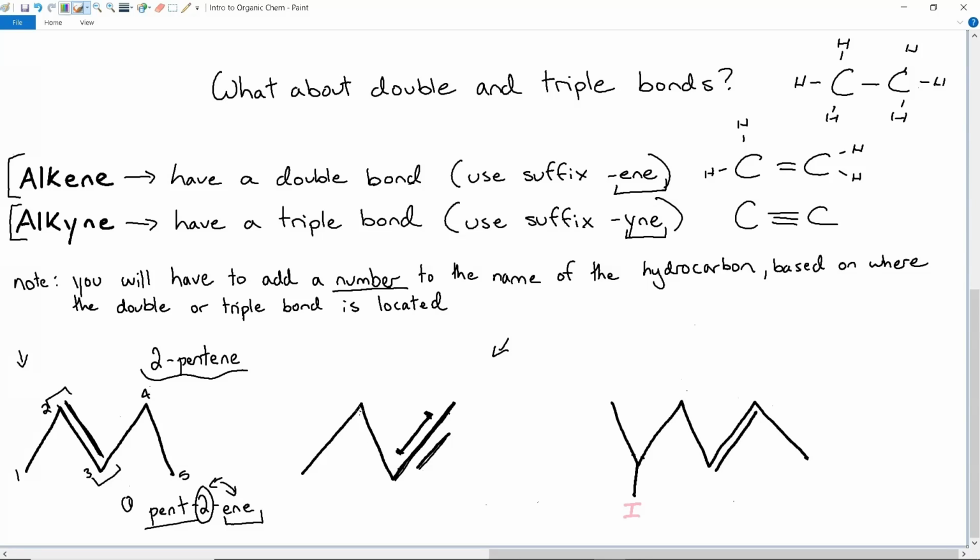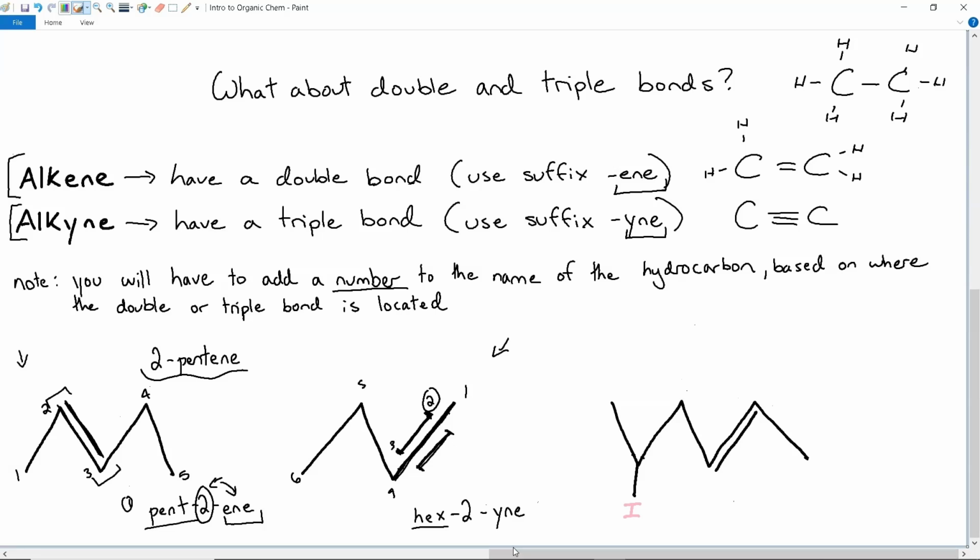So if I counted out all the carbons in my main chain, I would have 1, 2, 3, 4, 5, 6. So be very careful when dealing with triple bonds. You don't want to forget to count the 2 carbons that are represented on this smaller line segment. So we're actually dealing with a hex prefix to have 6 carbons represented. And since our triple bond starts on our second carbon, this is going to be hex-2-yne.